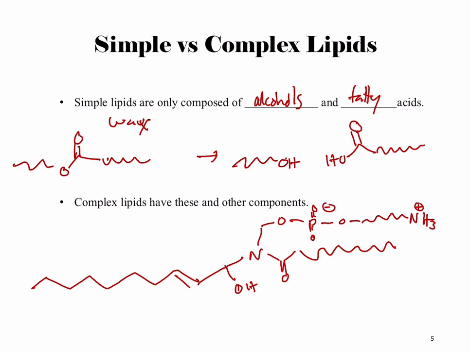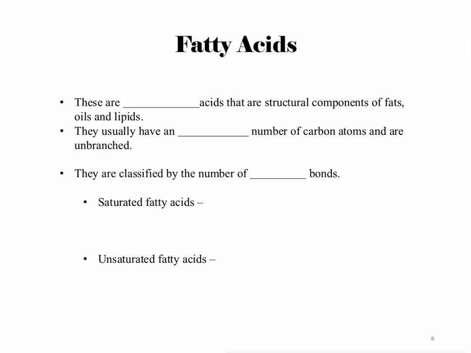So a positive charge there, minus charge there, for example. We see we have a much more complicated set of functional groups here. We have a phosphate group, an amino group, an alcohol, an ester, an amide, and long hydrophobic chains. So these would constitute what we call complex lipids, right? The simple lipids are alcohols and fatty acids. The complex lipids are going to have other more complicated components to them.